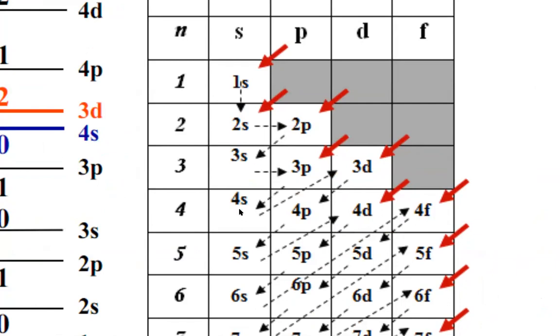Then the exceptions now start. Anything that is above the top 20, you have 3d, you come to 4p, you come to 5s. 5s, you come to 4d, you come to 5p, you come to 6s.